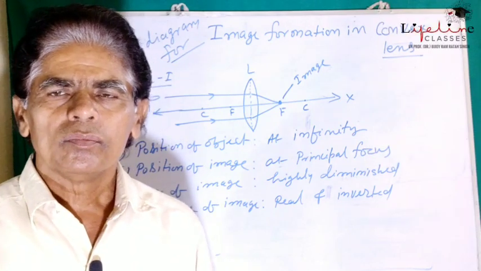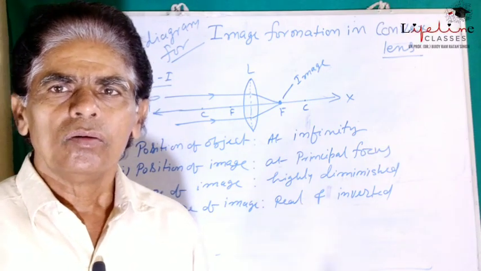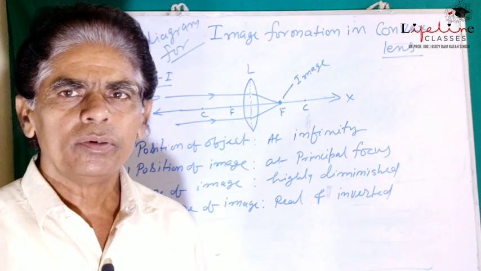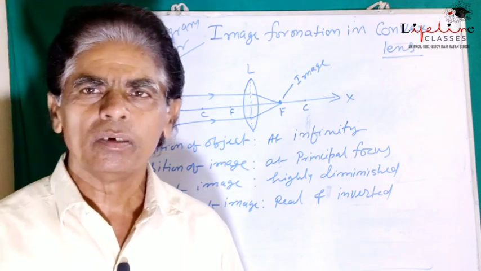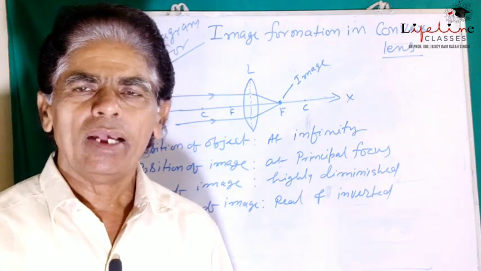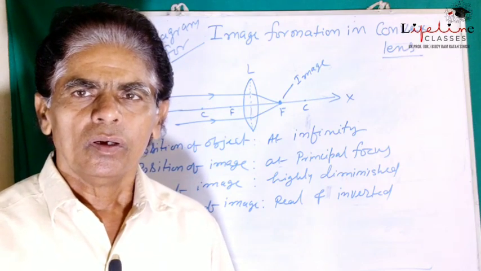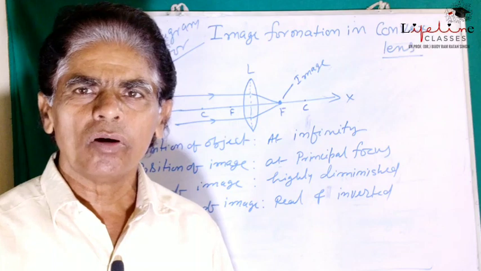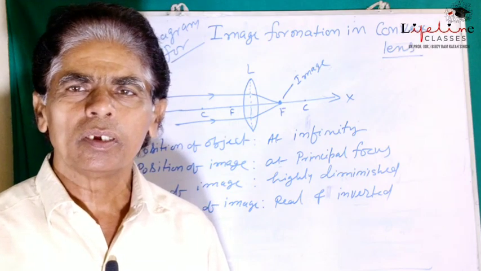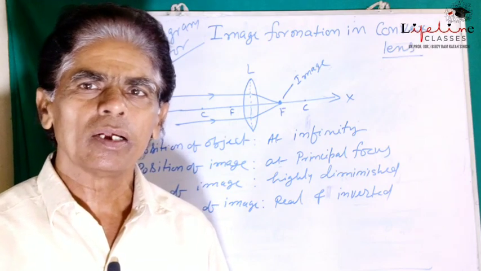Welcome back. We are now going to deal with the image formation by convex lens. We have already studied the image formation in the case of concave mirror and convex mirror.